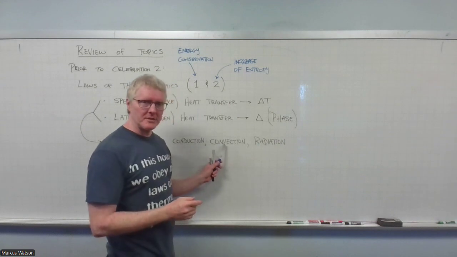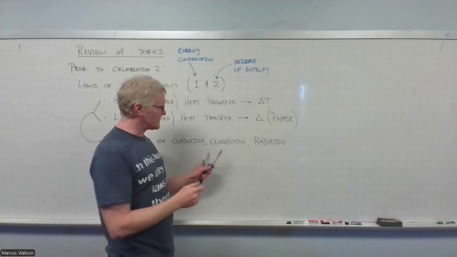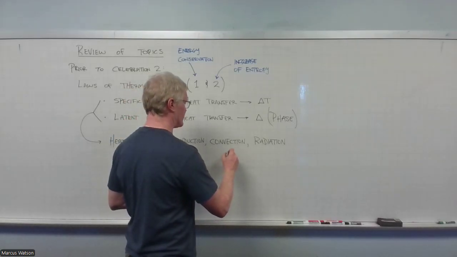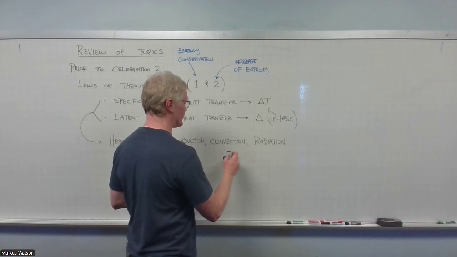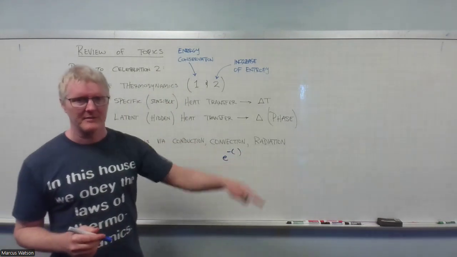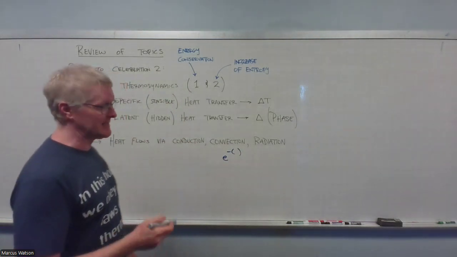Newton's law of cooling is related to this convection. That's the idea that things go by and say something like e to the minus something, right? It decays via time, e to the minus kt, for example.